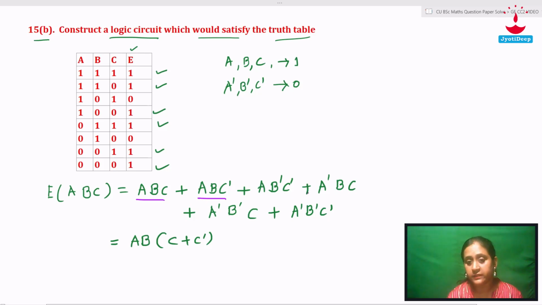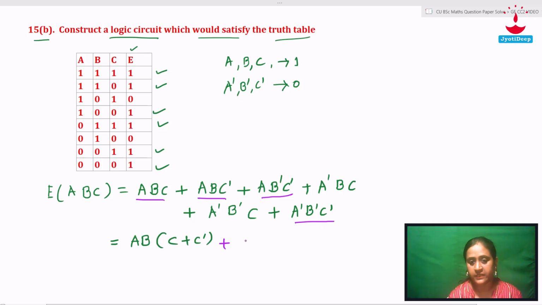Now we are going to take A dash BC, AB dash C dash, A dash B dash C, and there is also A dash B dash C dash.